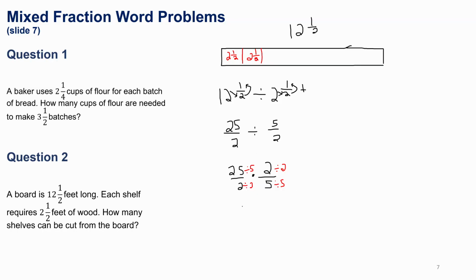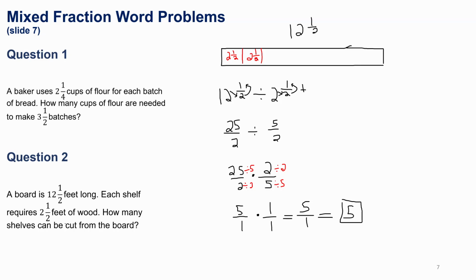So 25 divided by 5 is going to be 5. 2 divided by 2 is equal to 1, times 2 divided by 2 is 1, and 5 divided by 5 is 1. Then we can do 5 times 1, which is 5, 1 times 1, which is 1, and then this actually is just a simple division problem. 5 divided by 1 is equal to 5.